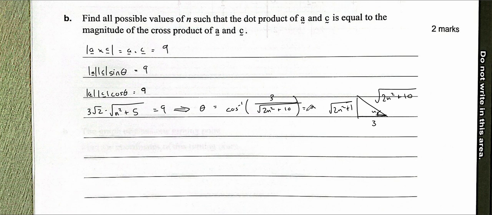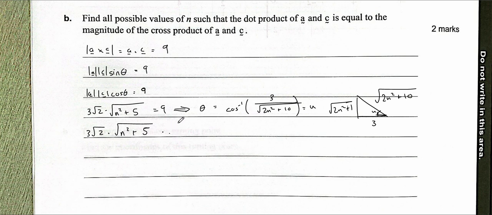Therefore, sine of u, or sine of arc cos, is going to be opposite over hypotenuse.